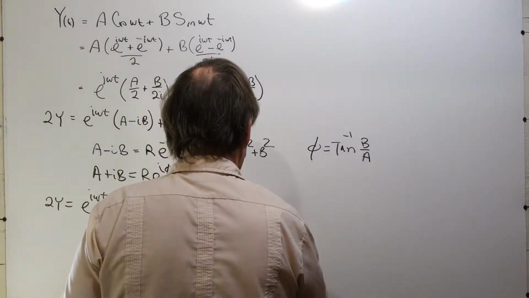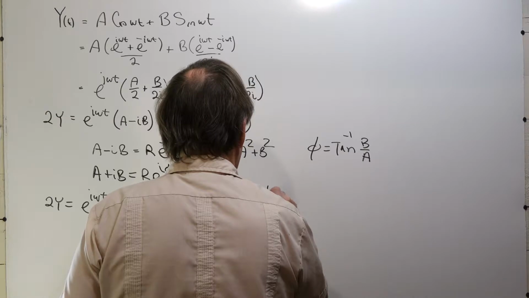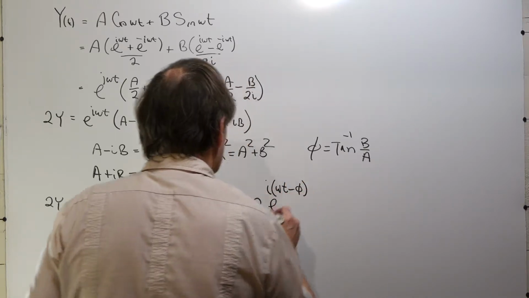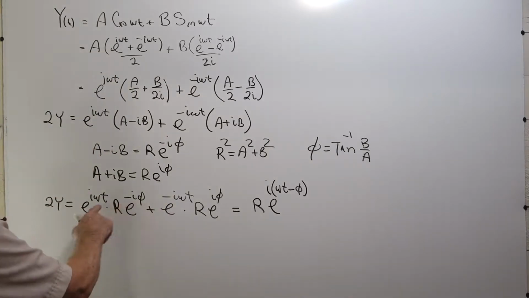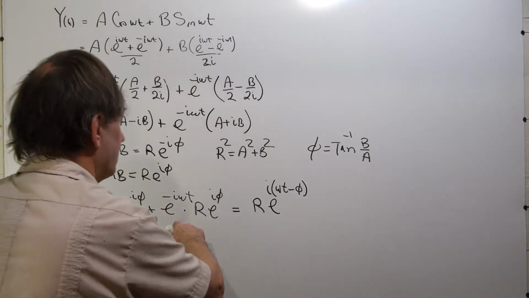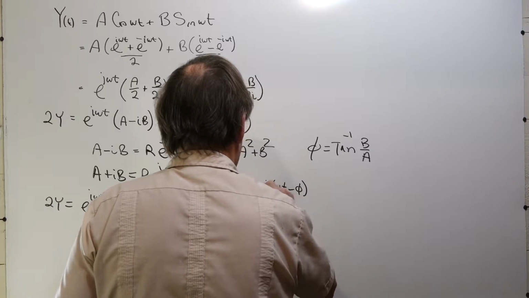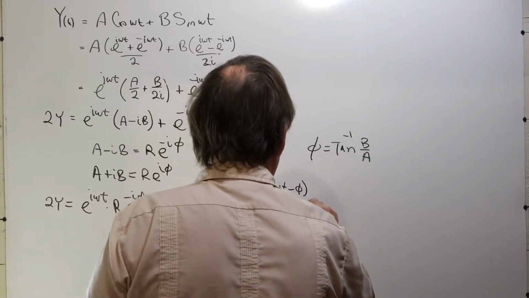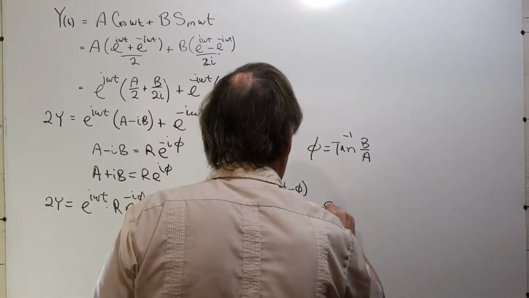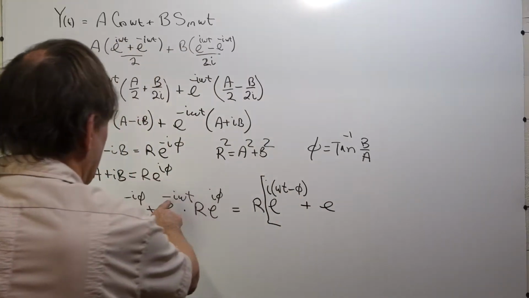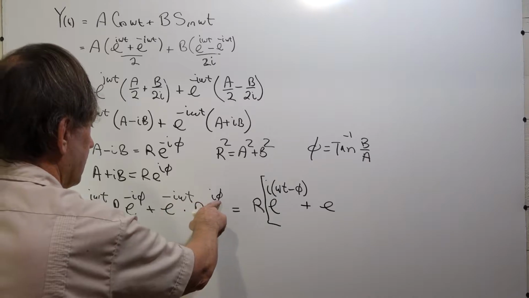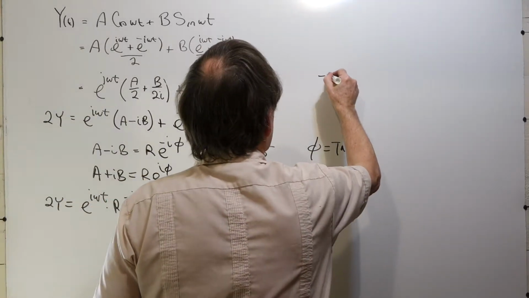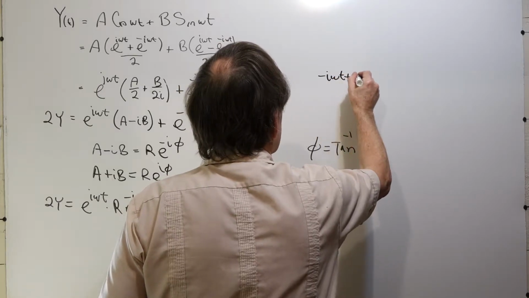So this becomes e to the j omega t minus phi for this term. And then this term becomes plus e to the minus j omega t plus phi.